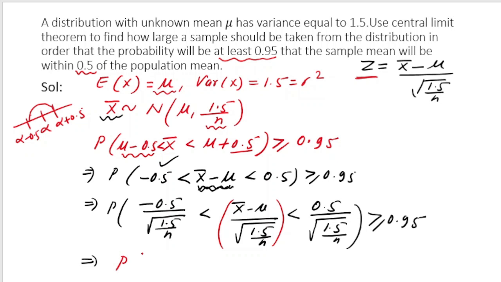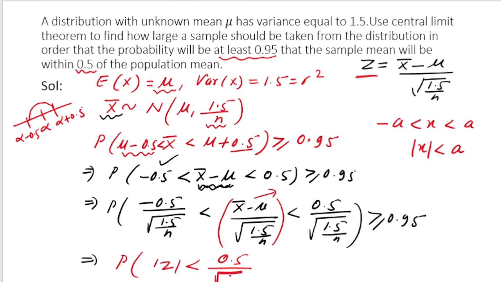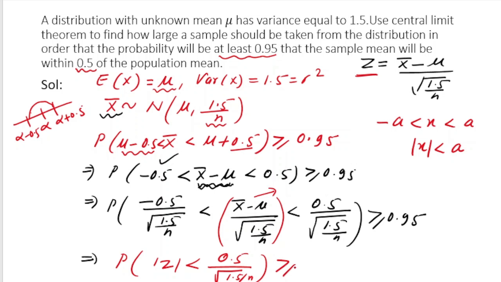So I can write probability, and here I also want you to remember one thing, that if somewhere I am writing minus a is less than x is less than a, then this is nothing but mod of x less than a. So this thing is z, right? So I can say that this z whose mod is less than a, that is 0.5 by under root 1.5 by n, this value is greater than or equal to 0.95. I hope you have not missed any point.